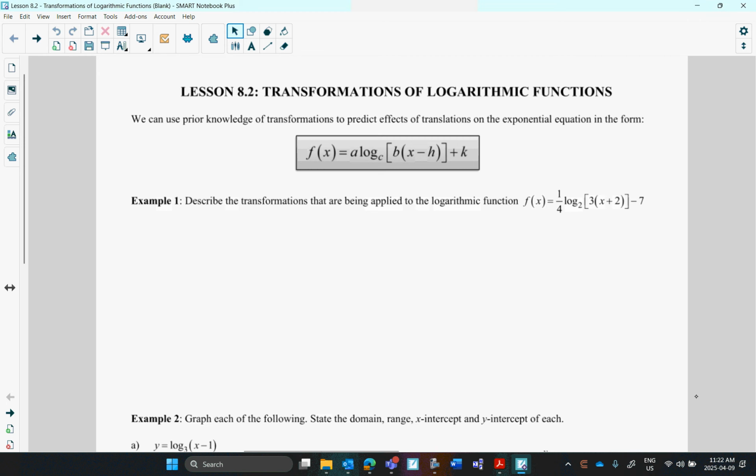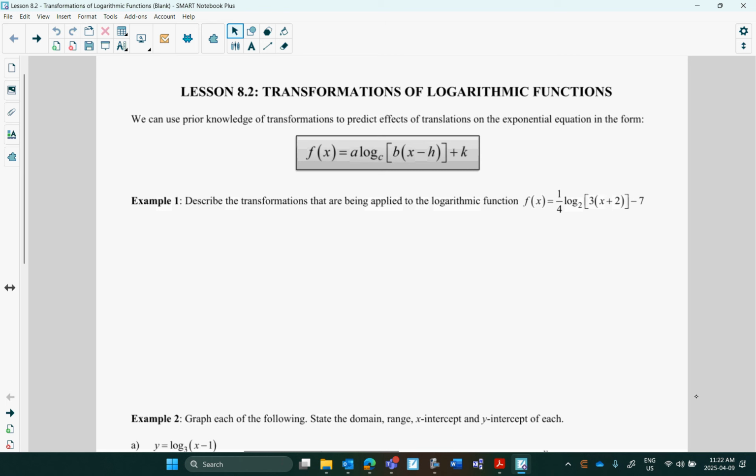Just like we've been doing with a lot of functions this year, we have been graphing them, and then we have also been graphing transformations of them based on certain transformations and where they're located in an equation that contains whatever function we're working with.